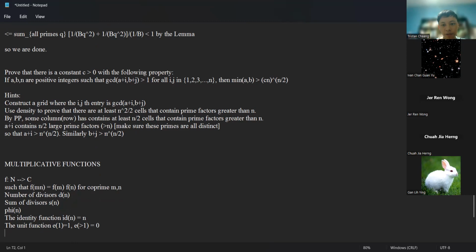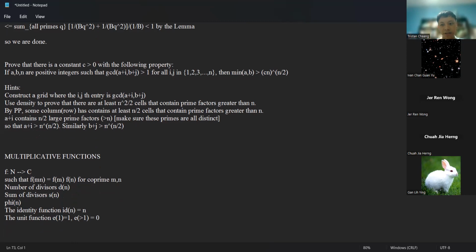So first of all, a property of multiplicative functions. What can you say? This is an obvious proposition: a multiplicative function is completely specified by its values at prime powers.